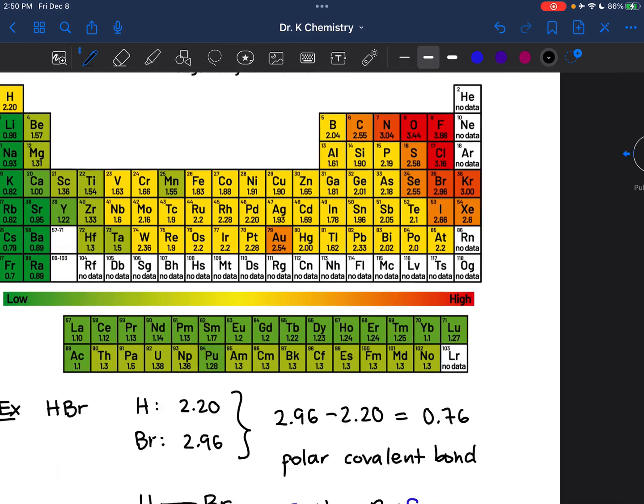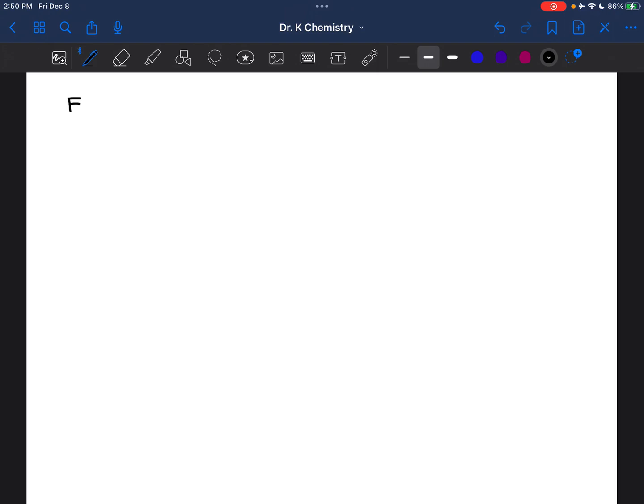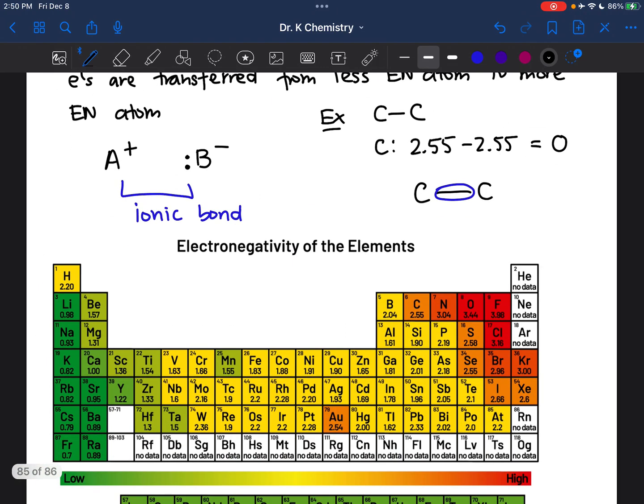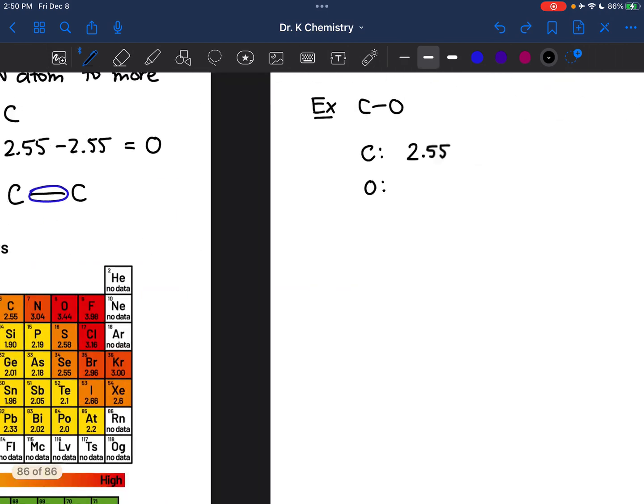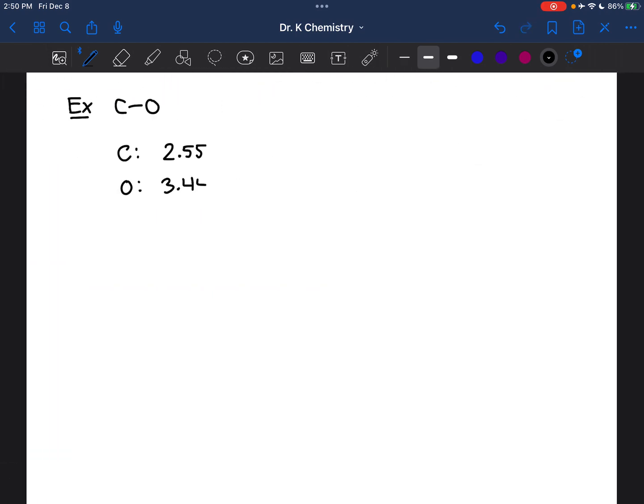Let's try another one. Okay, so let's say we want to determine whether a carbon-oxygen bond is polar or nonpolar. Carbon has an electronegativity of 2.55, as we determined in the previous example, and oxygen is 3.44. So all we're going to do is subtract those two numbers and see what they give us.